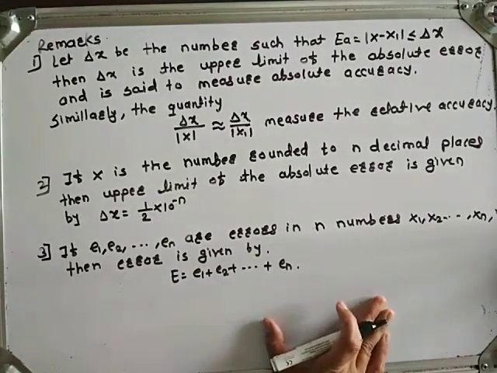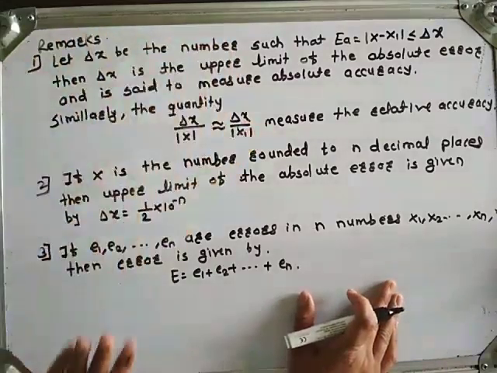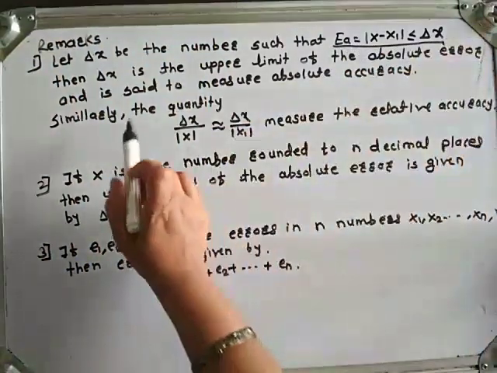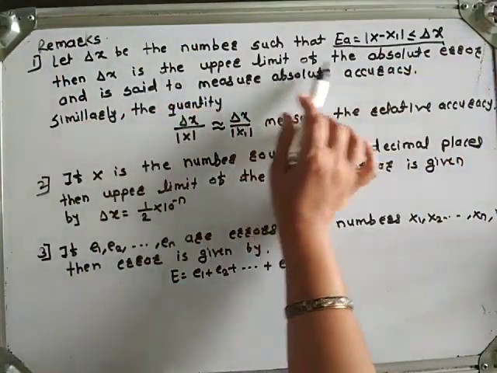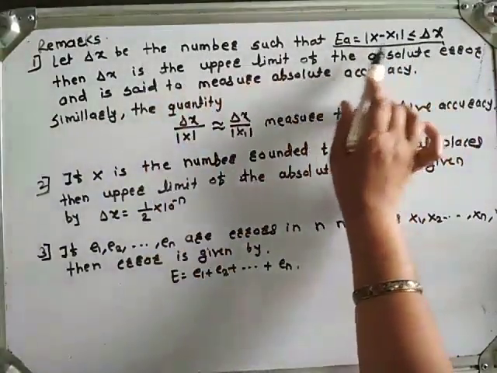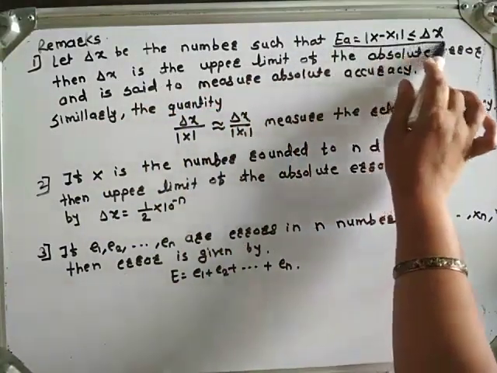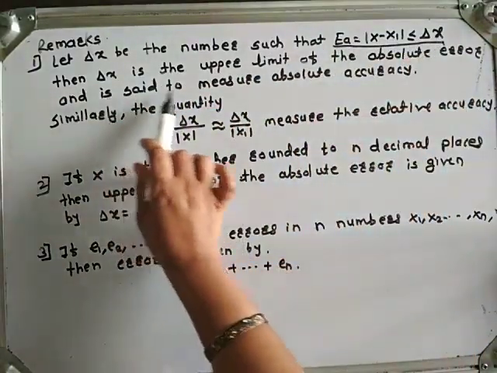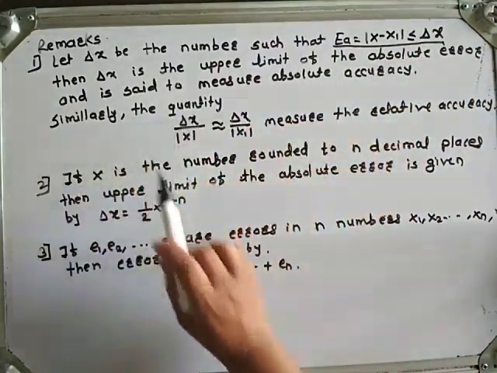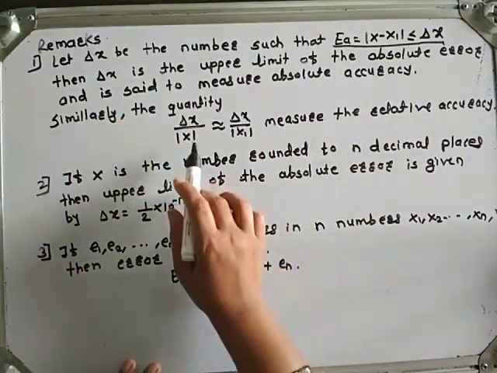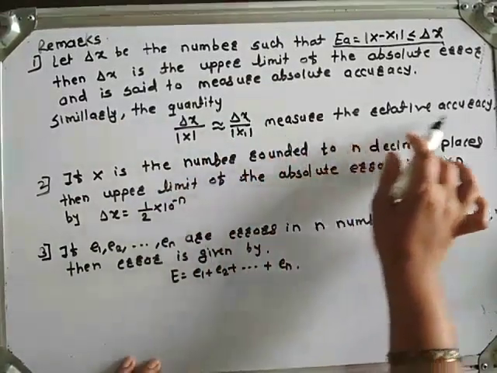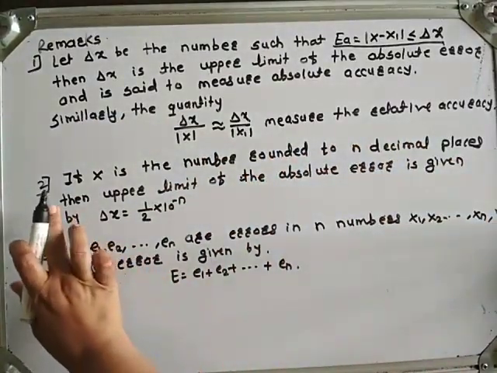See here, what are the remarks? Let delta x be the number such that EA is less than or equal to delta x. Then delta x is the upper limit of the absolute error and is said to measure absolute accuracy. Similarly, the quantity delta x upon mod x, which is similar to delta x upon mod x1, measures the relative accuracy. What is the second remark?